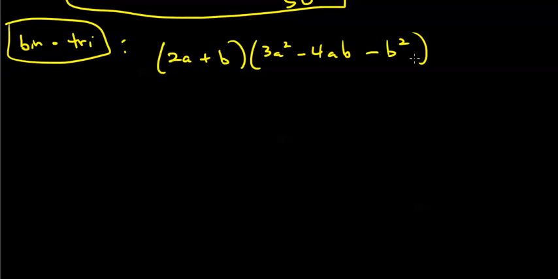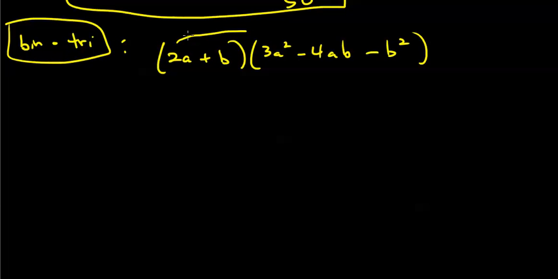This is a binomial times a trinomial. Essentially what you have to do is multiply each term in the trinomial by each term in the binomial, and then combine like terms as needed.